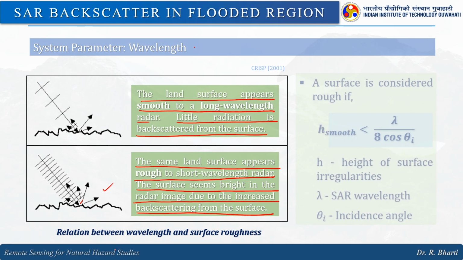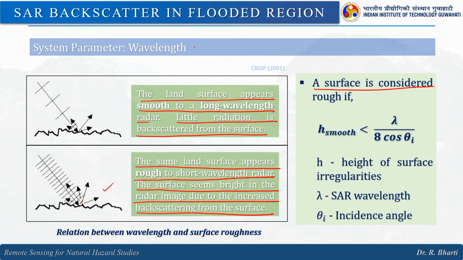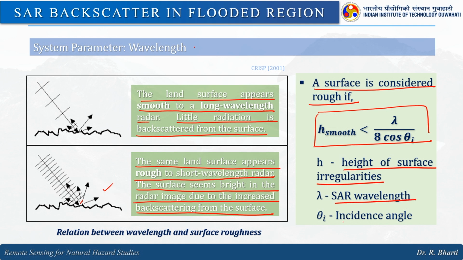This is the condition, right. So, a surface is considered rough if it satisfies this particular condition, where we are using the height of surface irregularities, SAR wavelength and the incidence angle. So, this will help you decide which particular wavelength is better for your study.